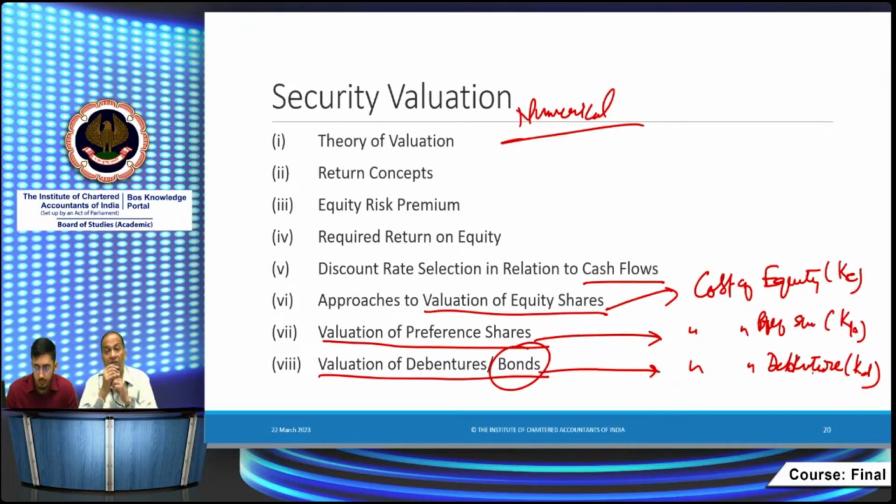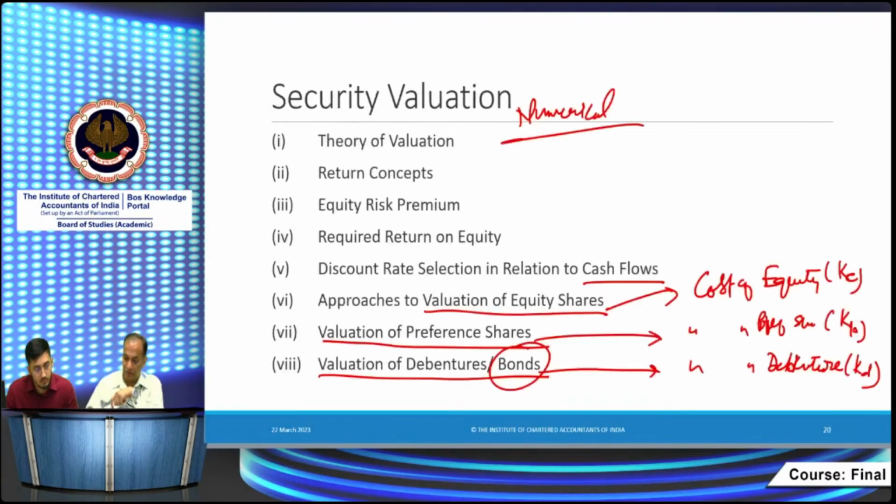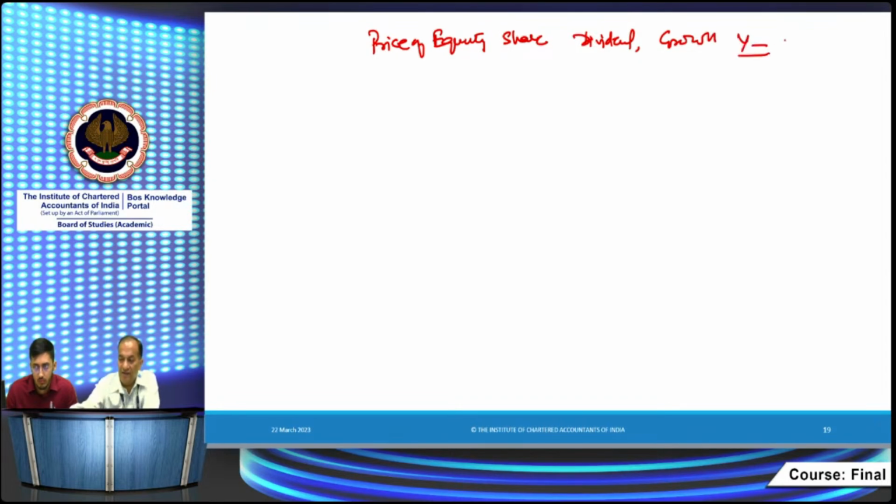All these topics you discussed at your intermediate level. There, you were given the price of the equity share, the dividend, and the growth rate, and asked to calculate the cost of equity. The formula was D1 upon P plus G, if you recall that.